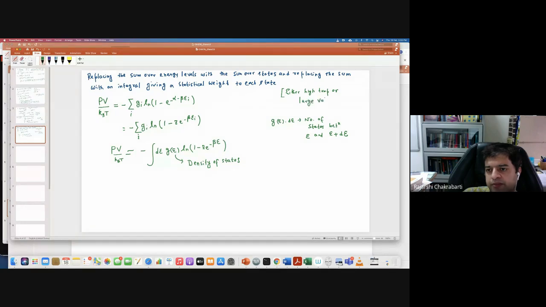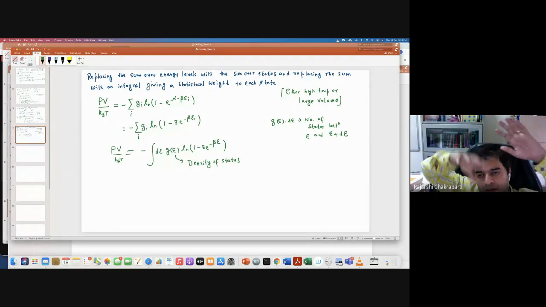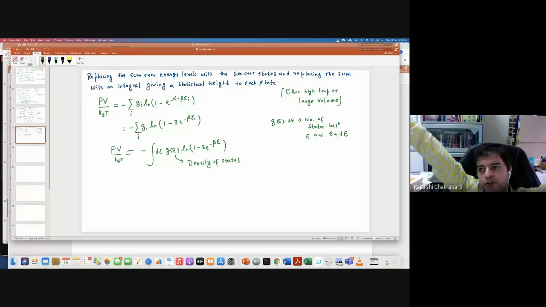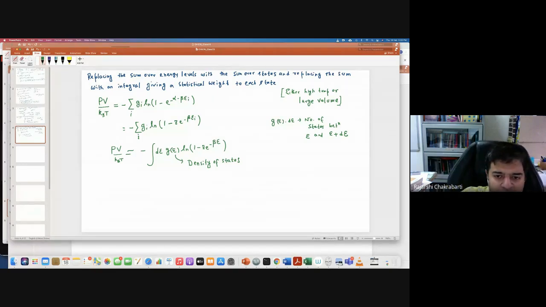We'll talk about it later. Either high temperature, low density, or large volume. Then only the levels will be very close to each other, and you can replace the sum by an integral.